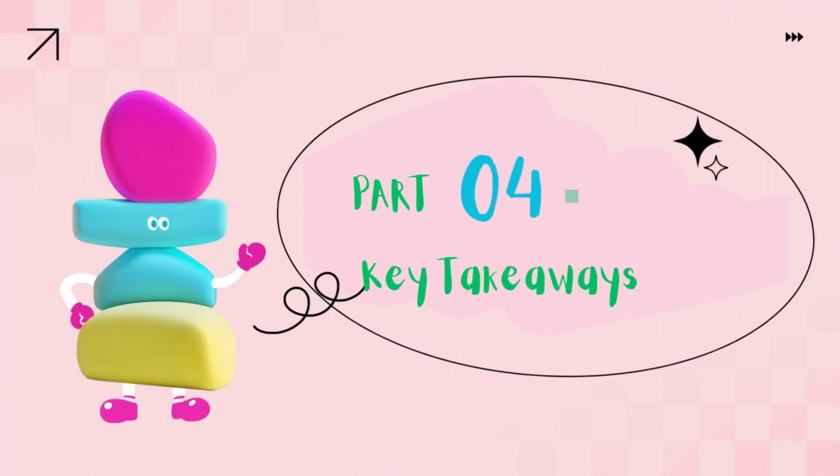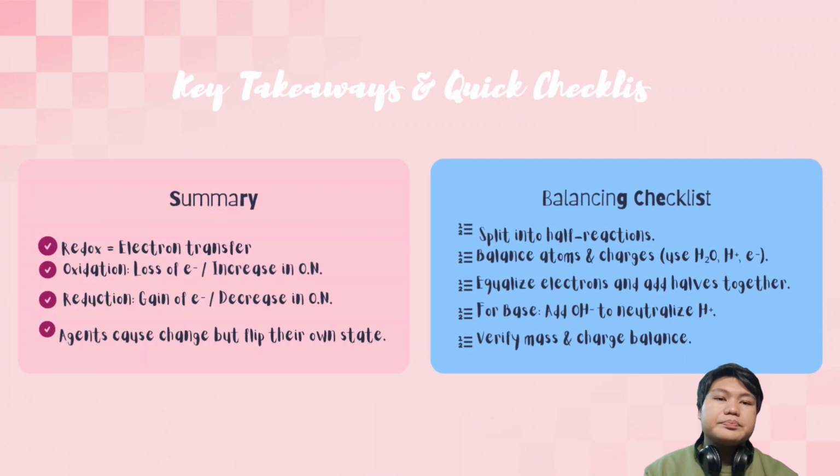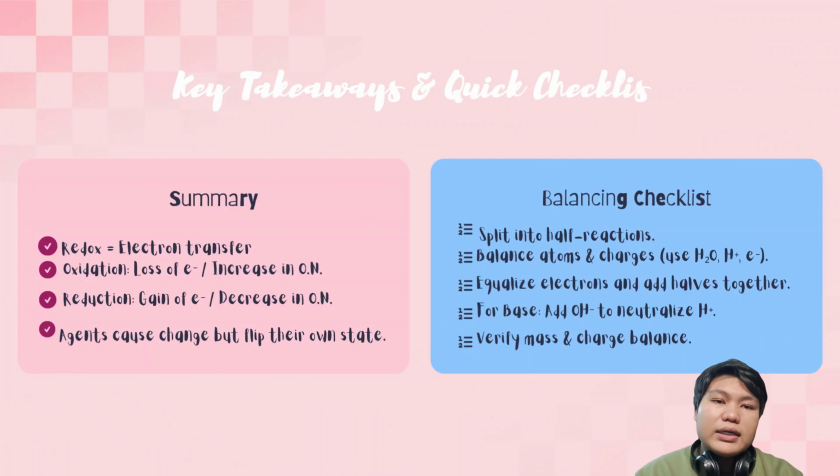So, part 4 is about key takeaways and the summary of all of chapter 4 that we learned through our other members before. So, for the summary of chapter 4, redox is actually electron transfer. When an atom loses an electron or gains an oxygen or hydrogen, that atom undergoes an oxidation reaction.